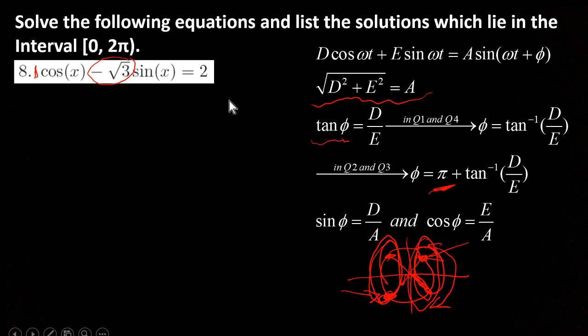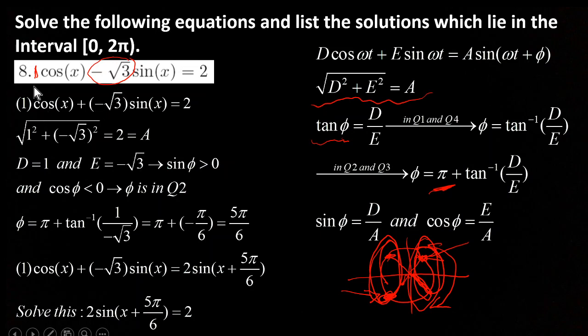Okay, so let's see how we can solve this. So we know what a is. A is going to be the square root of this squared plus that squared, so a is 2. So if you want to write this whole thing as a sine of x plus phi, it doesn't matter, omega t or x is the same thing, then over here I need a, so a is 2, so that's 2 so far.